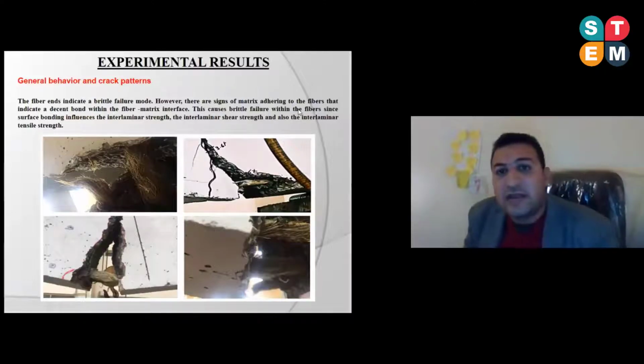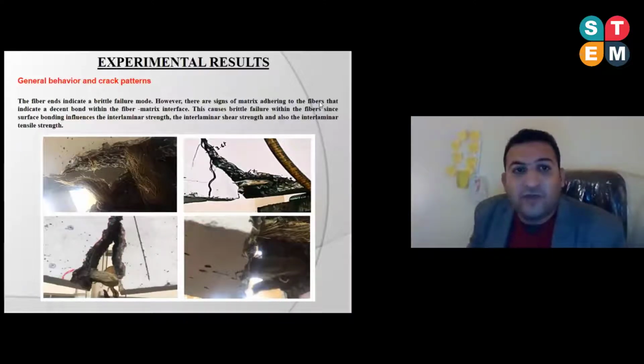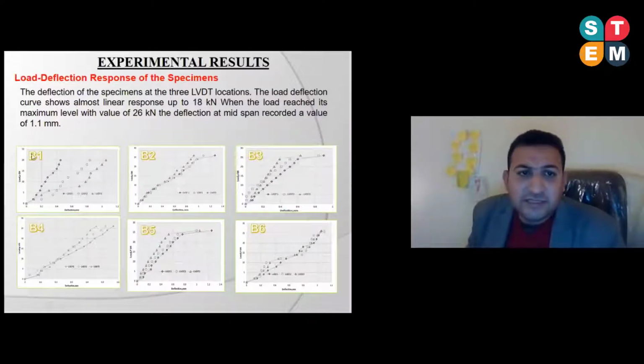However, there is matrix adhering to the fiber, indicating a decent bond within the fiber matrix surface. This causes brittle failure. The fiber surface bonding influences interlaminar strength, interlaminar shear strength, and also interlaminar tensile strength.